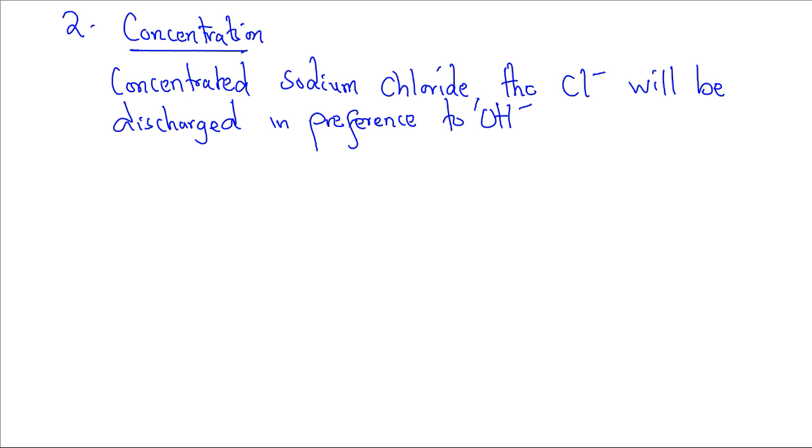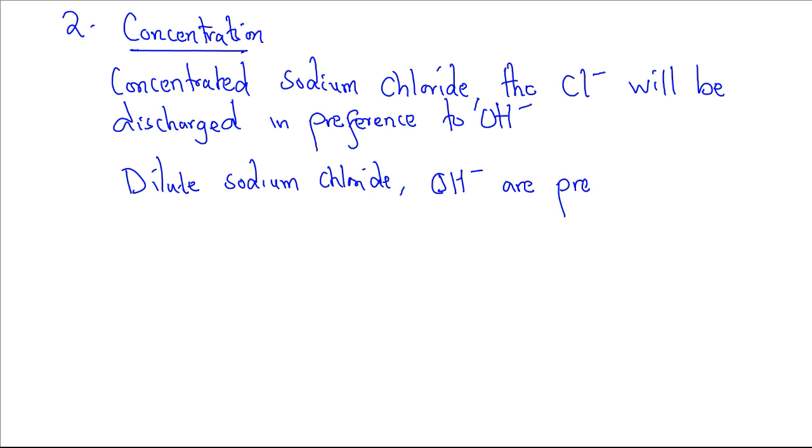However, when you talk about dilute sodium chloride, then it is clear that hydroxyl ions are preferentially discharged because the concentration now does not make the chloride ions to be discharged.